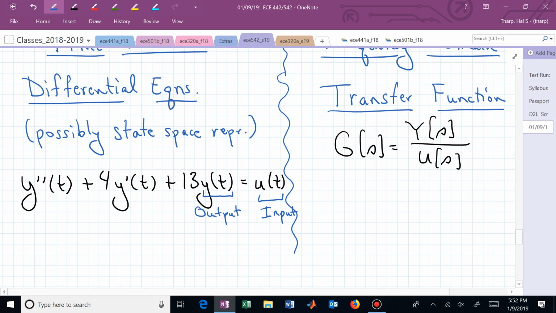If that's the case, can you now write down what capital G of S is, based on your 320 knowledge?